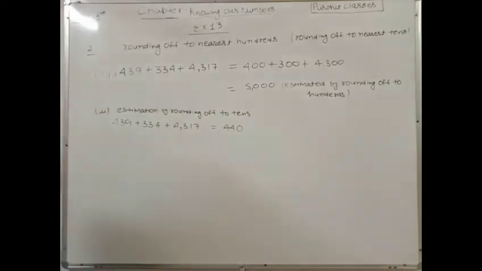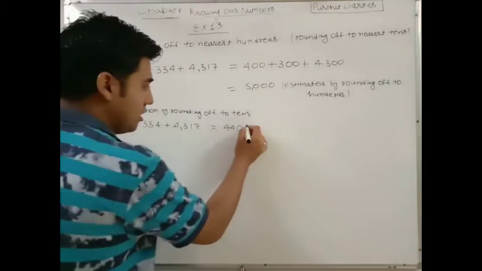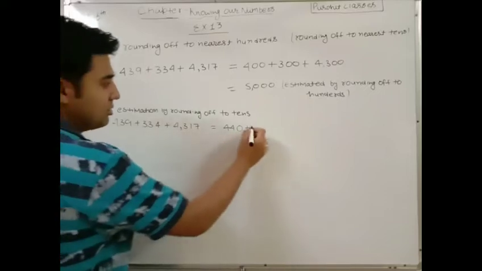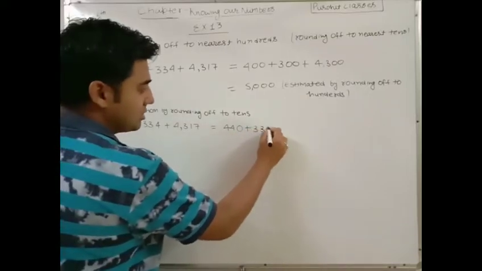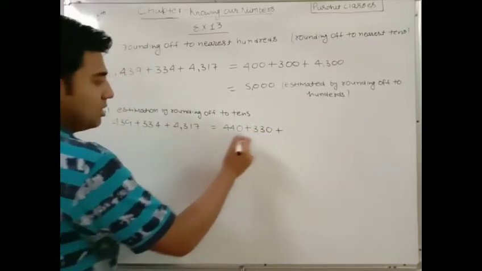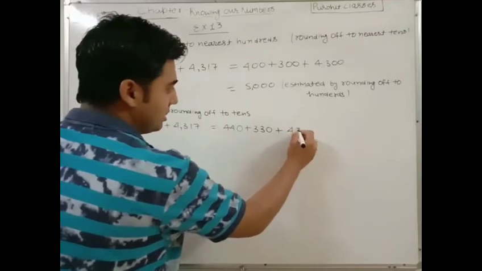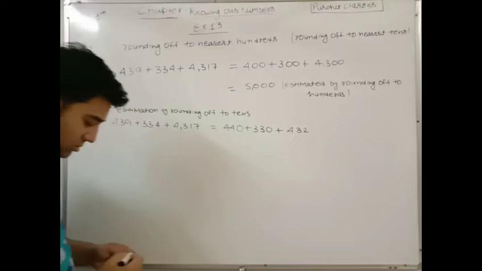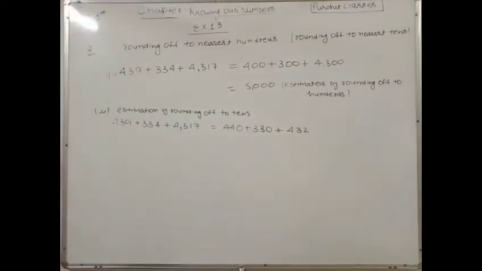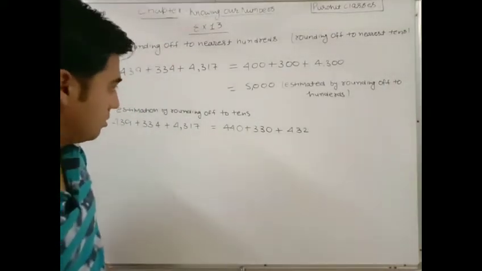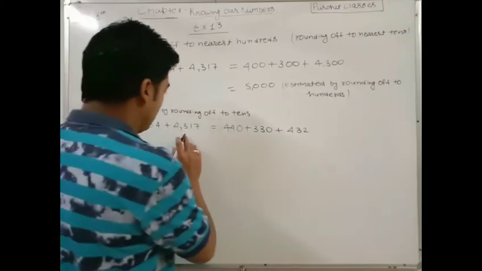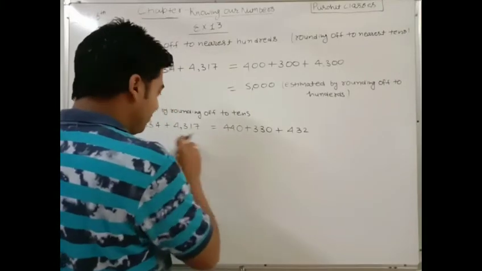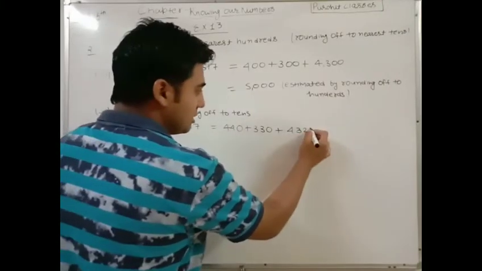So this will be 440. Yesterday we practiced this, you must also have done it. This will be 330, isn't it? Plus this will be 4300, and this will be, oh sorry, 4317, 4320.